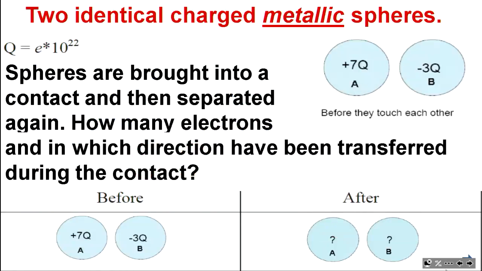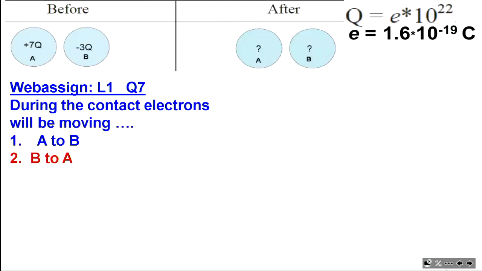So now we can, this is the strategy. Now we can use that law. So 4 times Q should be equal to Q final A plus Q final B. That's the initial charge of the system.